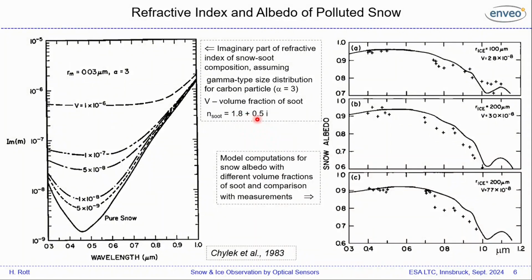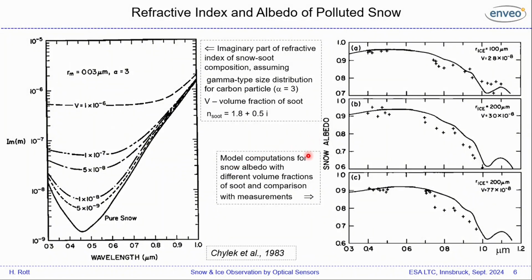This is a real part of 1.8, and the imaginary part, so very large losses. And already a low volume fraction of soot, here for example 1 times 10 to minus 6, has quite a significant change in the losses.